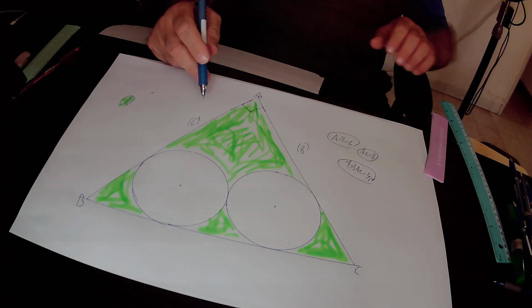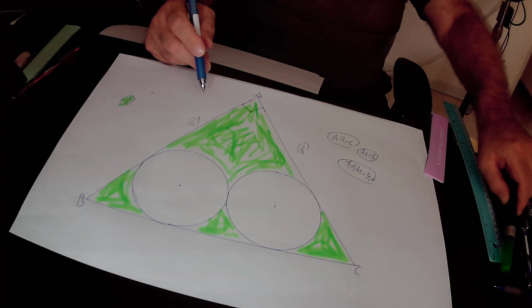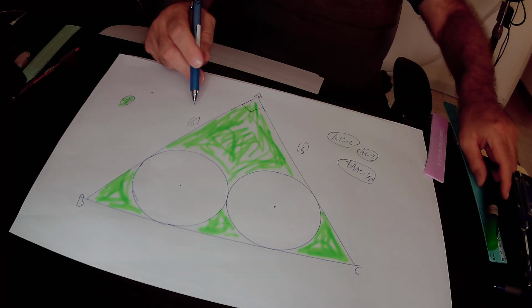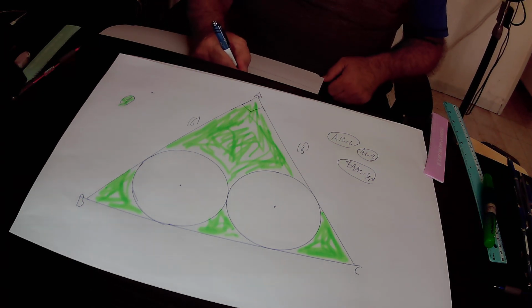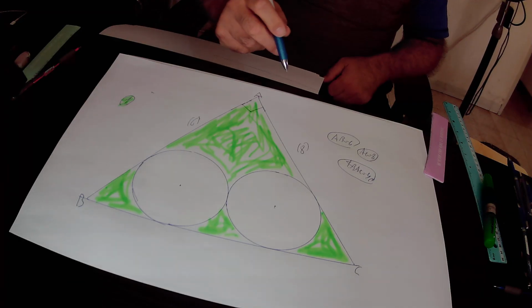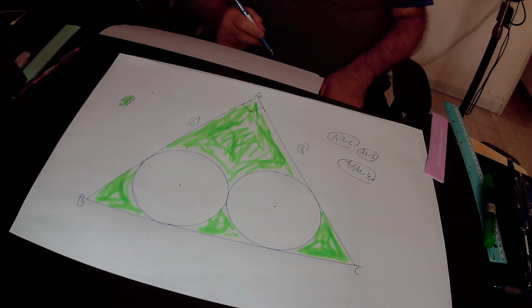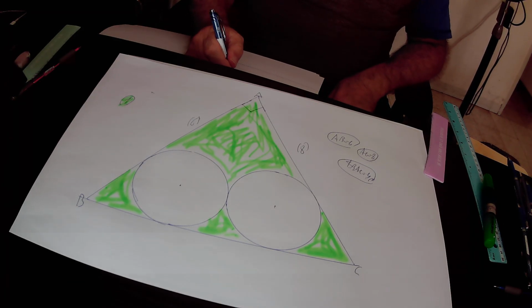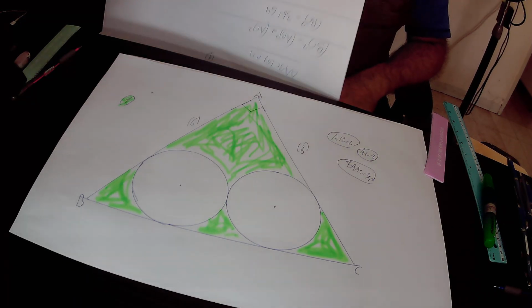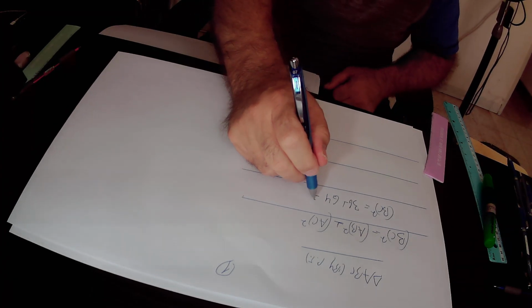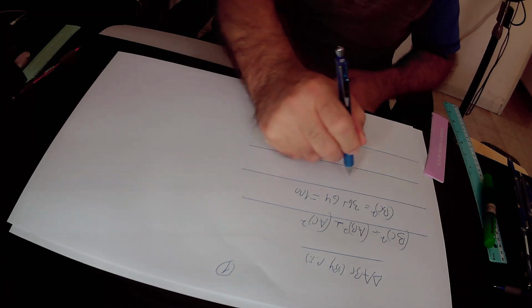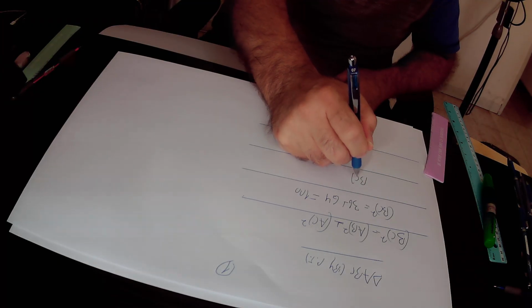AB is 6, therefore AB squared is 6 squared, that is 36. Plus AC squared. AC is 8, therefore AC squared is 8 squared, that is 64. So in total, BC squared equals 36 plus 64, that is 100.